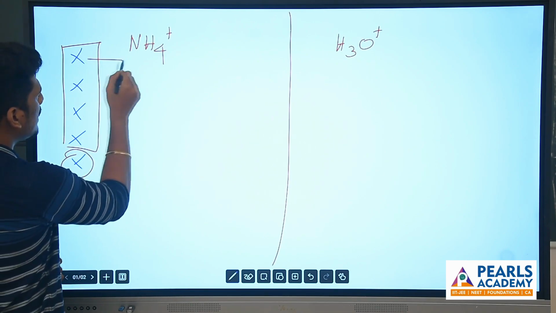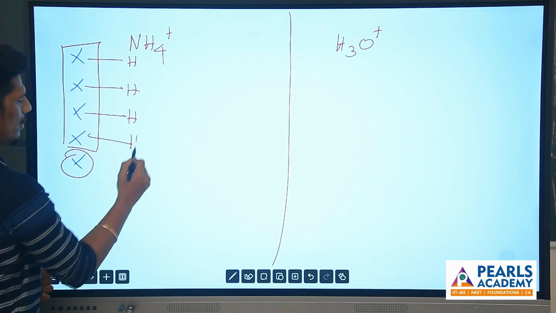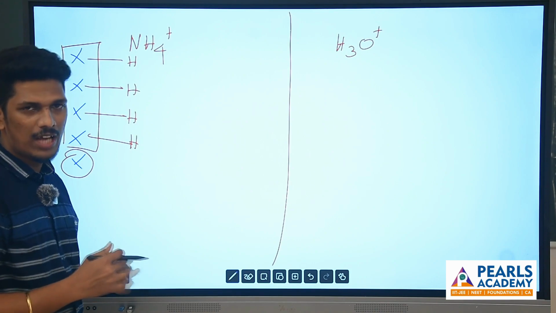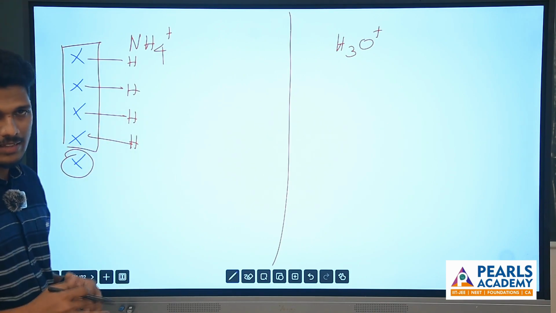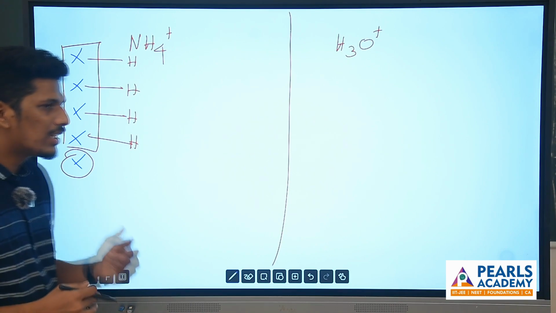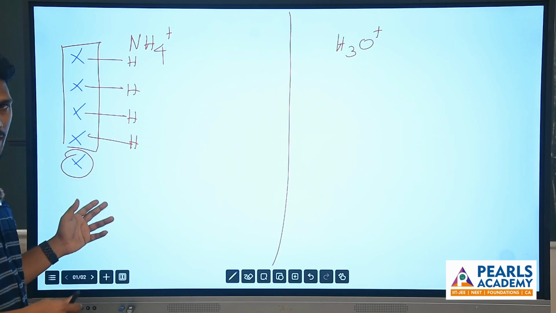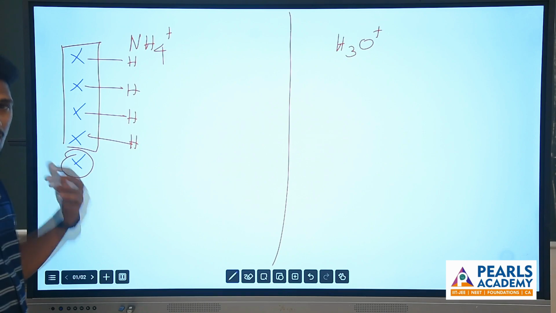So I am bonding each electron to each hydrogen. I have 4 hydrogens, so the 4 hydrogens are bonded to 4 different electrons from nitrogen. The bonding is completed, and I am checking whether I have an extra pair of electrons. There is no pair of electrons apart from these 4, because the 5th electron got lost.